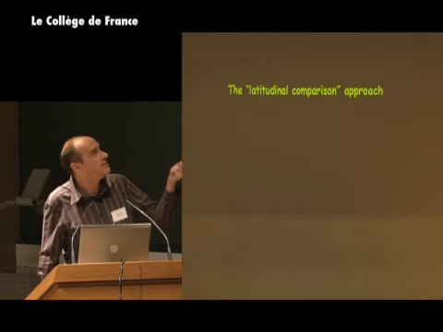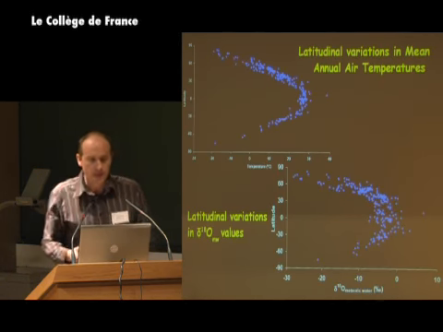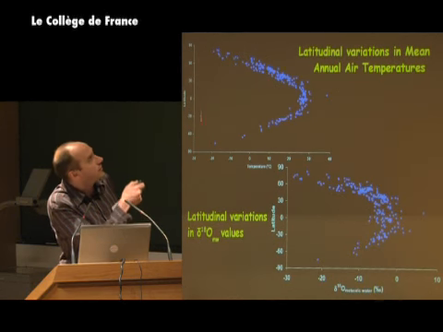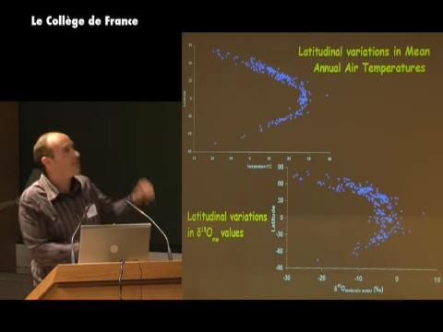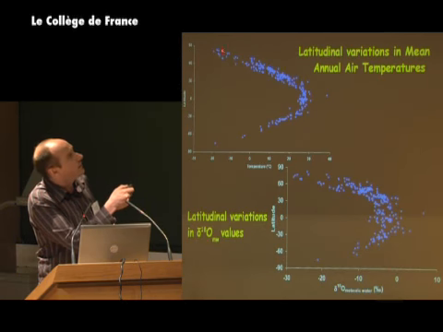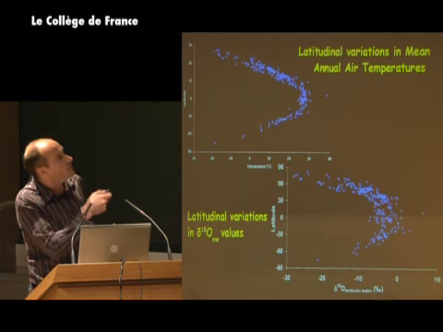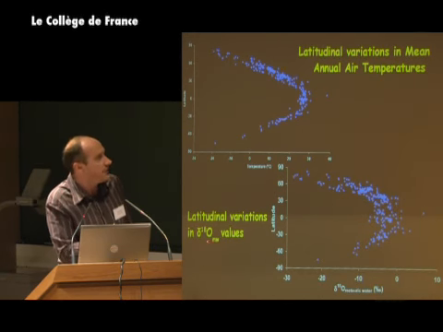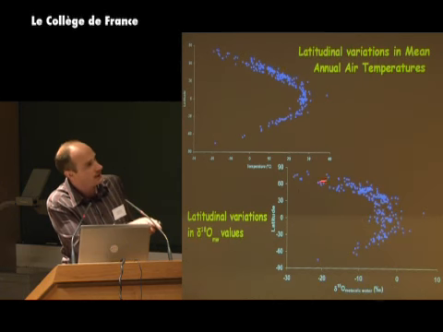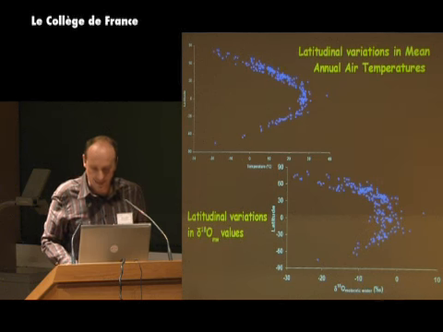I will call it the latitudinal comparison approach, and it's based on the use this time of Earth surface properties: according to latitude, the paleotemperature decreases from the equatorial region to the polar region, and also, of course, the delta weighting values of rainwater, which we call here meteoric water, decrease altogether with decrease in temperature.